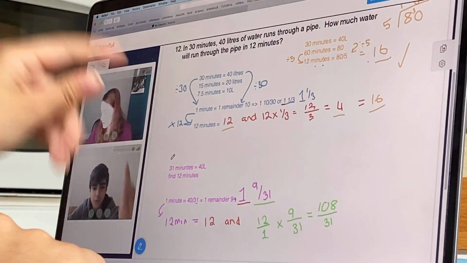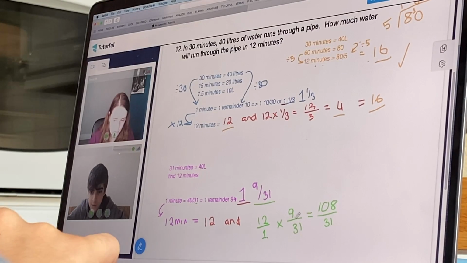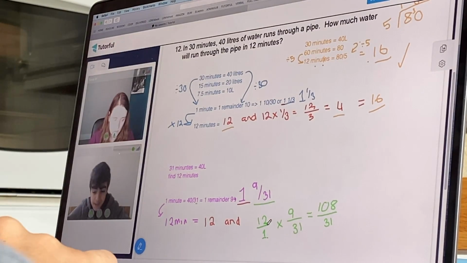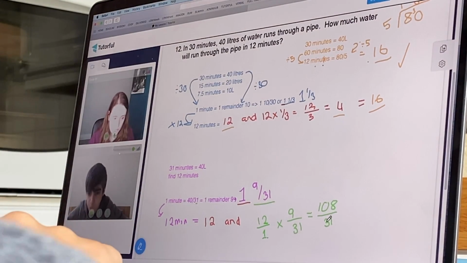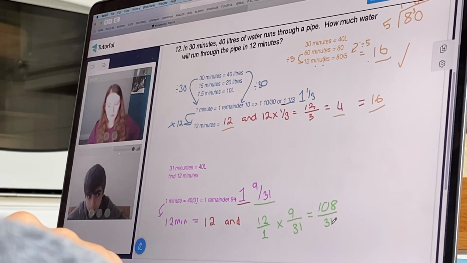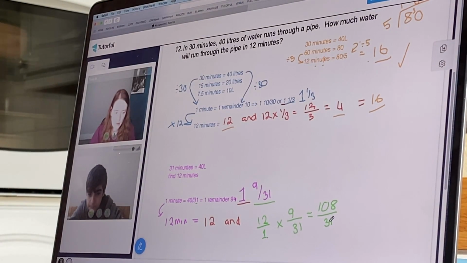If it had a remainder 2, you would multiply that by 31, it would become 62 on the bottom. If we were just multiplying fractions and this was a 2, then it would become 108 over 62.